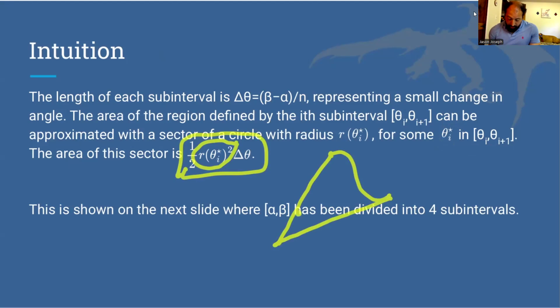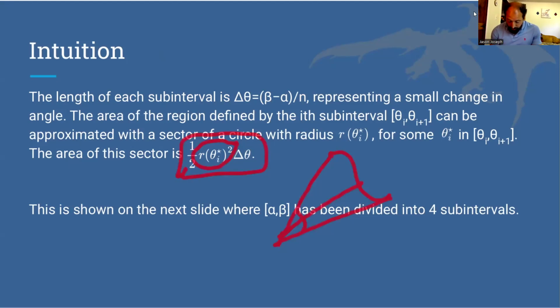My change in angle is whatever the angle for that little wedge is. And then maybe I choose an angle that's like a third of the way up. That's my theta star. Then the sector going through that would be an actual sector like this. That will give me an approximation of the true, more curvy area for that subinterval.